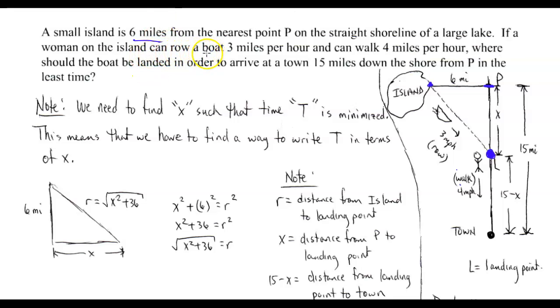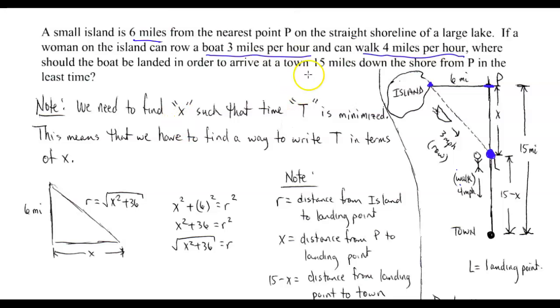We know that the woman can row at a rate of 3 miles per hour, and she can walk at a rate of 4 miles per hour. I'm saying the word rate like that because that's going to help us figure out what we need to do.